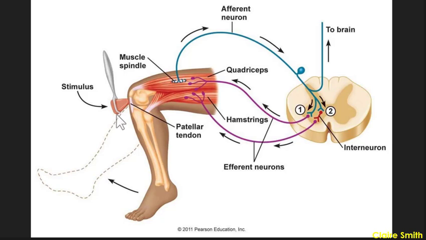For reflexes to happen, you don't need input to the brain necessarily. Most of the time you just have interneurons within the spinal cord, and we'll talk about these more in a second, integrating the information and sending information back out.